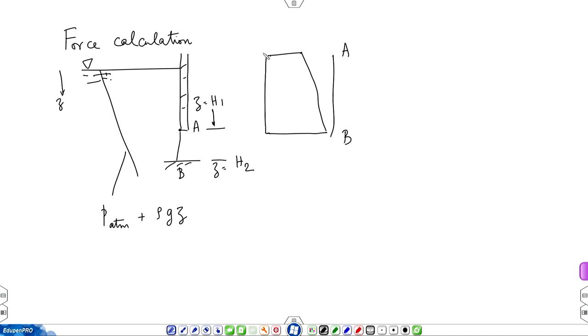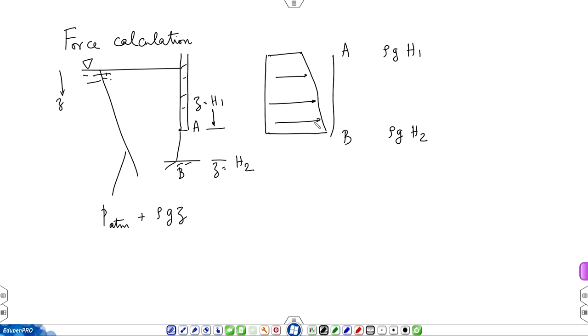Over AB, you have a variation from rho g H1 to rho g H2. This is the pressure distribution over AB.